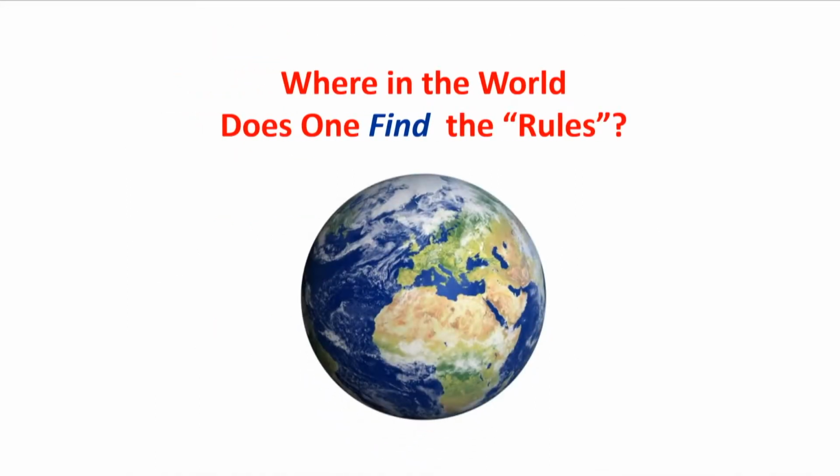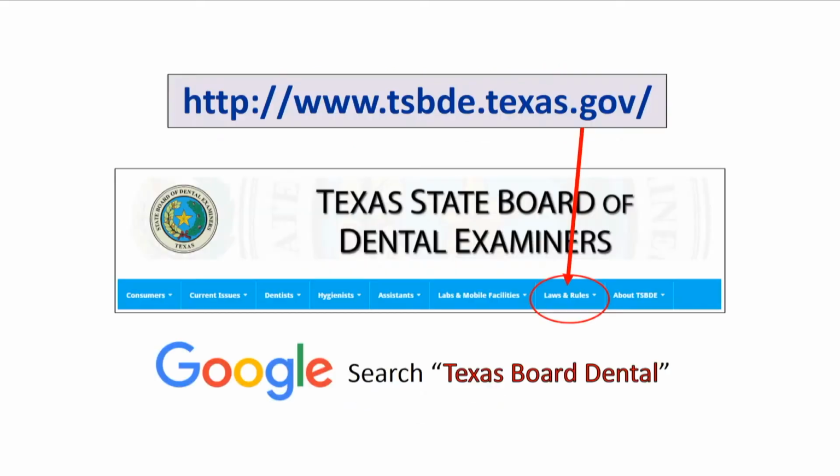Where in the world do you find the state board rules? The best place to access the state board rules as well as the Dental Practice Act is directly on the State Board of Dental Examiners website. To get to the website, simply Google search Texas Dental Board or Texas Board Dental.